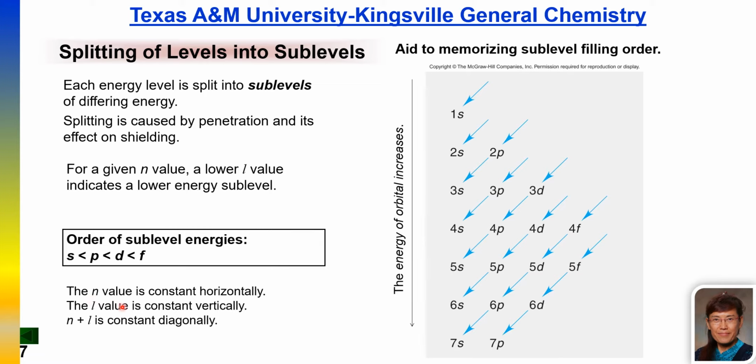The l value is constant vertically: 1s, 2s, 3s all the way to 7s; 2p, 3p, 4p, 5p, 6p, 7p; and including 3d, 4d, 5d, 4f, 5f, etc. Your n plus l, the principal quantum number plus the angular momentum quantum number, the sum is constant diagonally. If you see the diagonal, you can do the calculations.